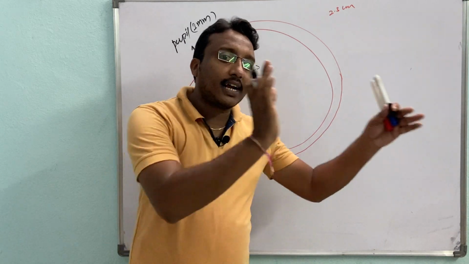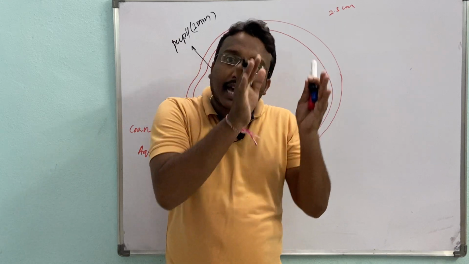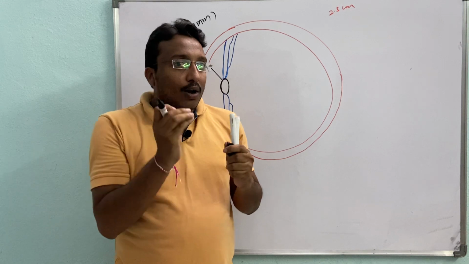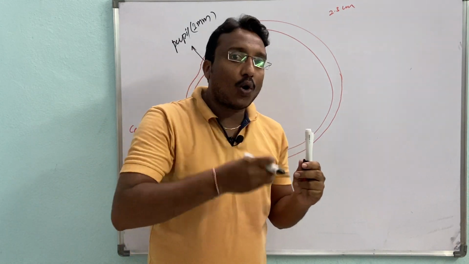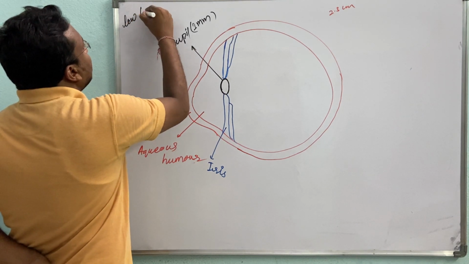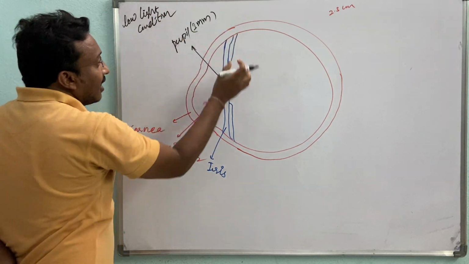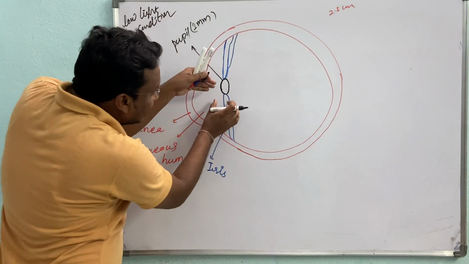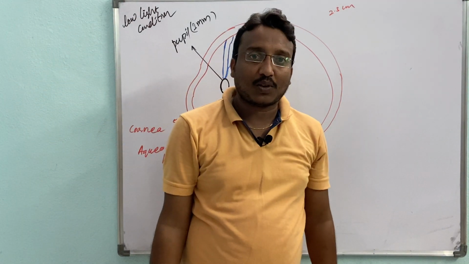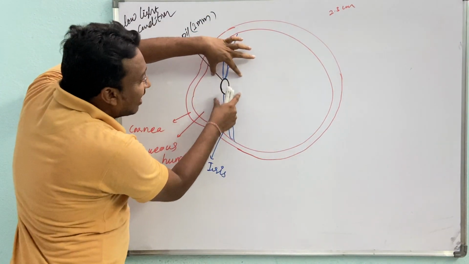At what conditions does the pupil size change?